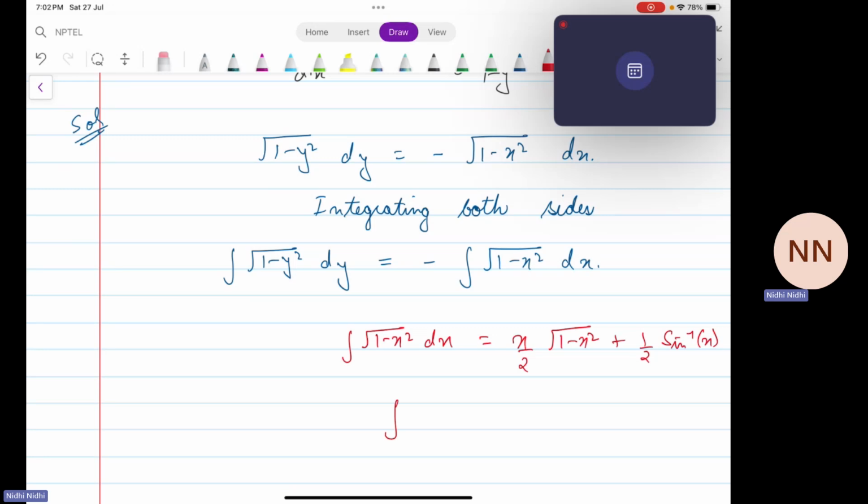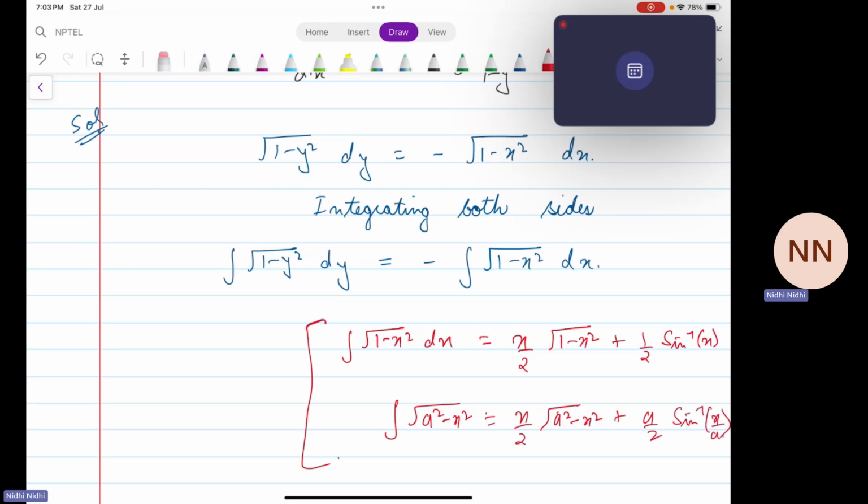We actually had this under root a square minus x square. We have the formula for this as x by 2 under root a square minus x square plus a square by 2 sin inverse x by a.